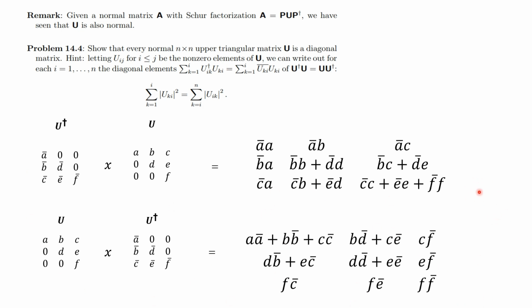Now, clearly, you can see that these two are not equal. And so since they're not equal, they shouldn't have the same diagonal, right? However, there is one scenario in which both of these matrices are equal and therefore have the same diagonal. And this scenario is when B is equal to C, which is equal to E, which is equal to 0, right? All the entries above the diagonal are 0. In that case, the commutative property holds, right?